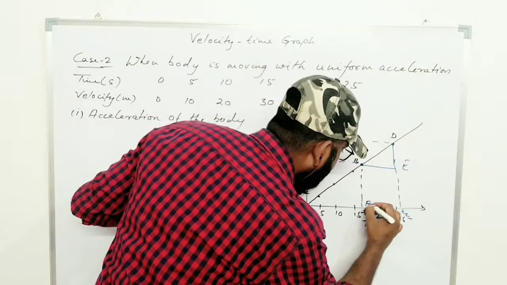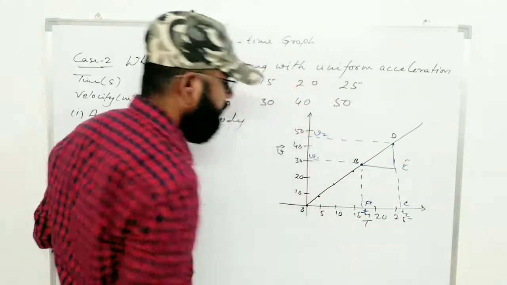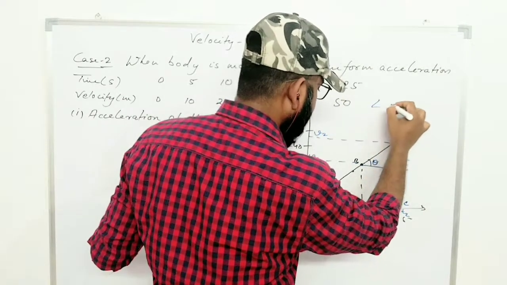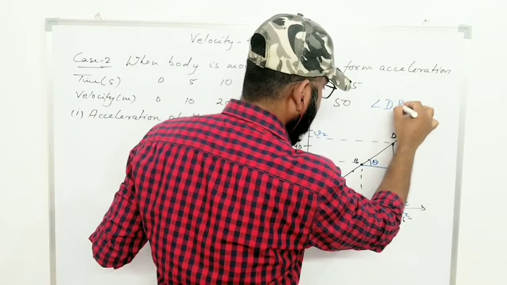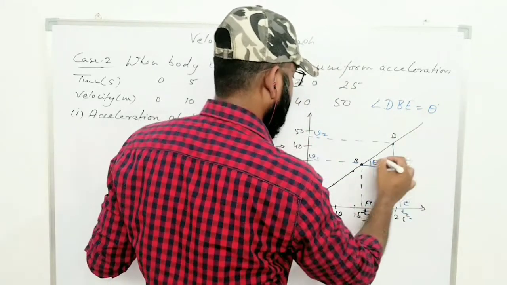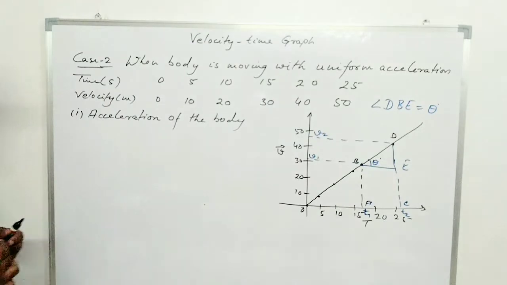Now take this point A and C and let the angle is theta. Angle DBE is equal to theta degree. Okay. Now let's start.